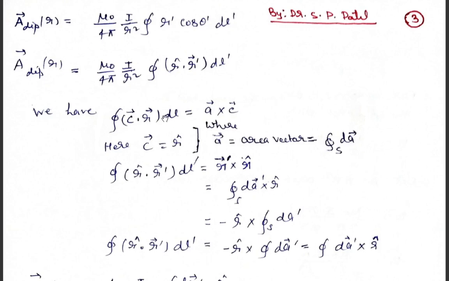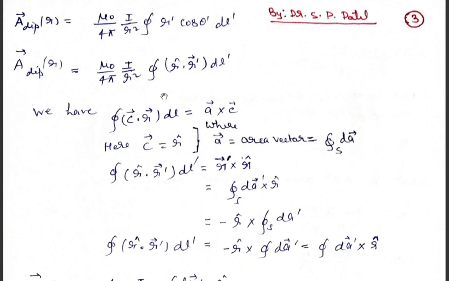So the closed line integral of the dot product of vector c and position vector r, dl, is equal to vector a cross vector c, where vector a is known as the area vector, and this can be written as the surface integral of dA vector over the closed loop.